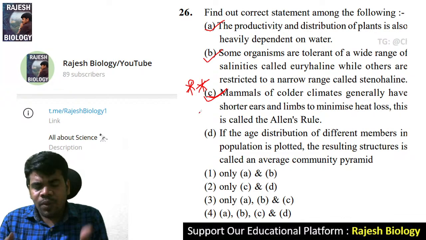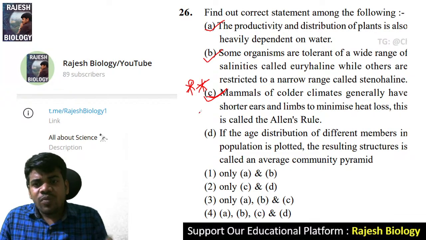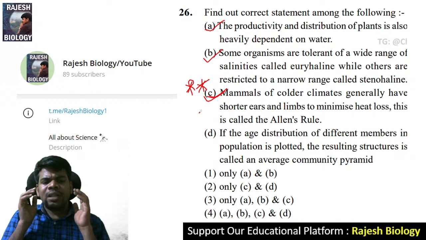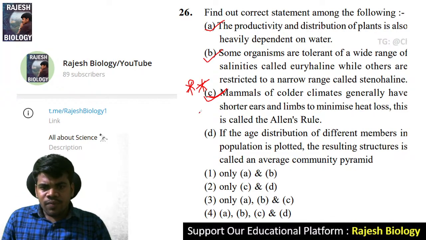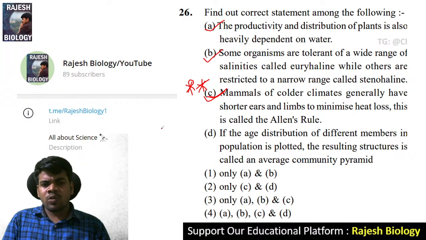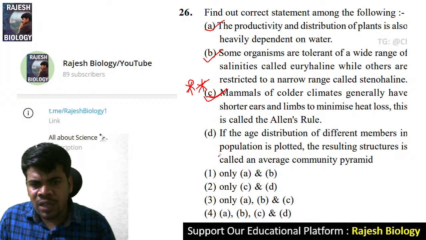To increase heat loss, mammals like camels have very long legs. But polar region animals have very short limbs. That's why they stay very close to the earth and can minimize the heat loss.